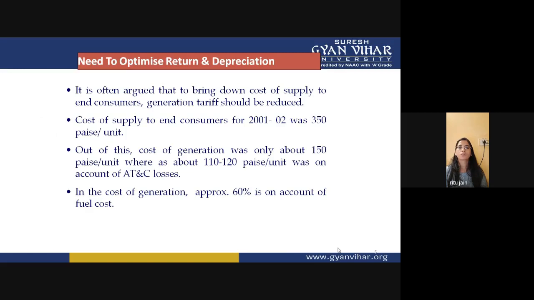In the cost of generation, approximately 60% is on account of fuel cost. So if you reduce the fuel cost, then you can easily reduce the electricity bill. The major part of the tariff is due to fuel, that is 60%.